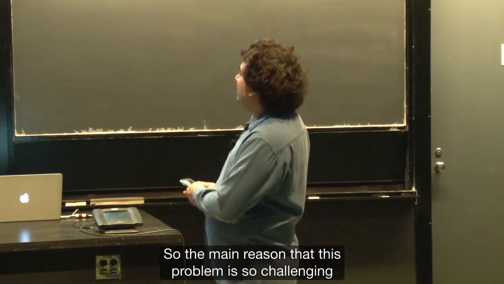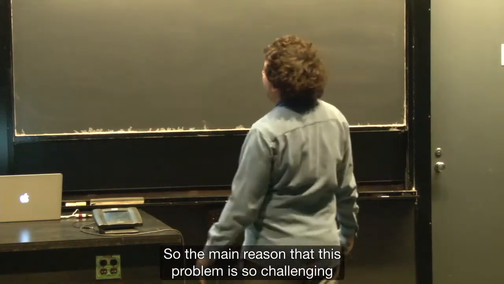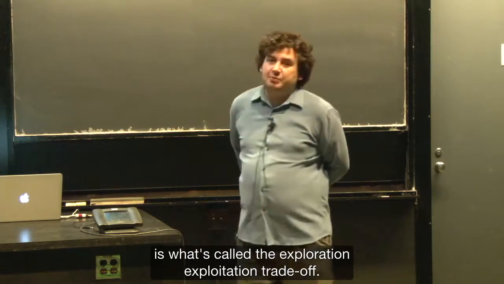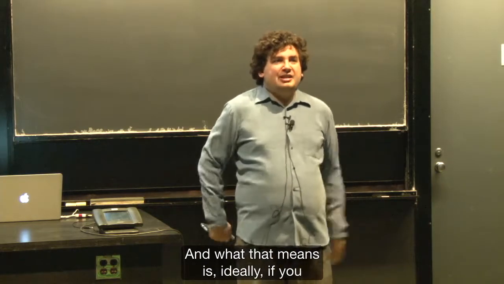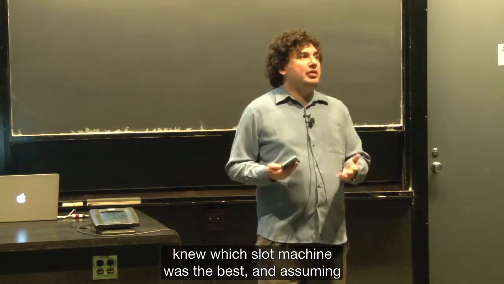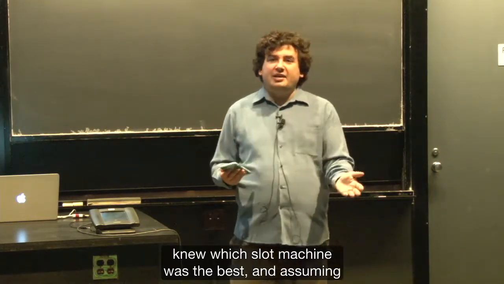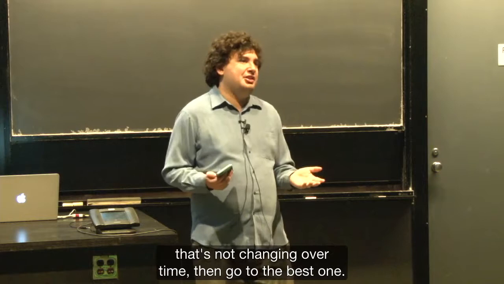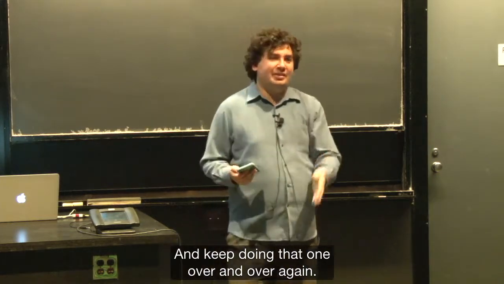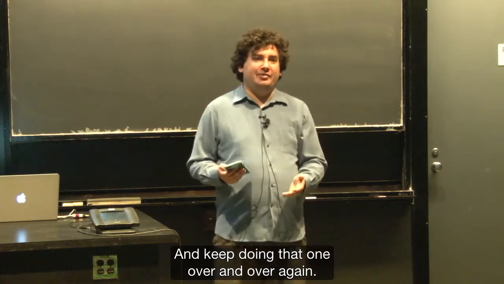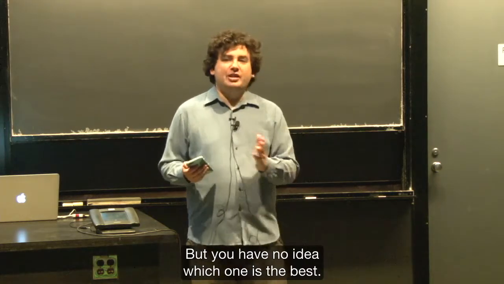The main reason that this problem is so challenging is what's called the exploration-exploitation trade-off. Ideally, if you knew which slot machine was the best, and assuming that's not changing over time, then you would go to the best one and keep doing that one over and over again. But you have no idea which one is the best.